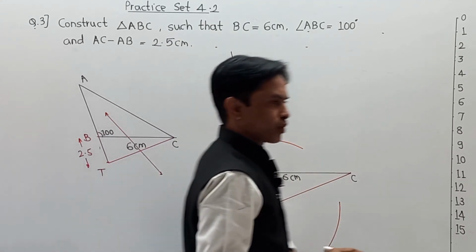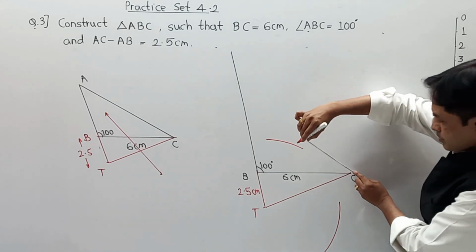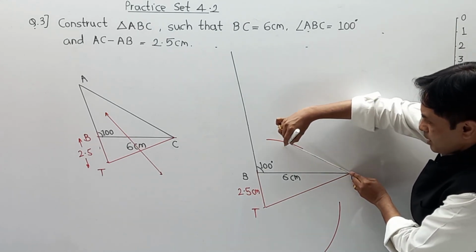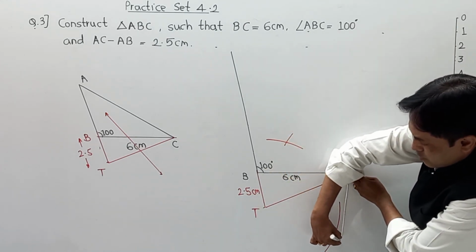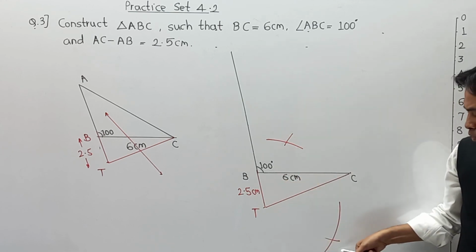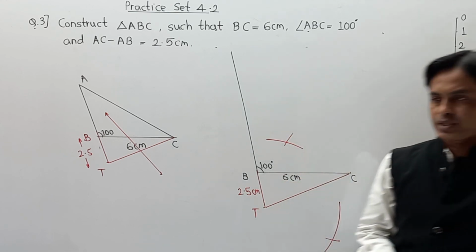In the same way, from point C, one arc upstairs, second arc downstairs. And now we have to draw one line passing through these two points.